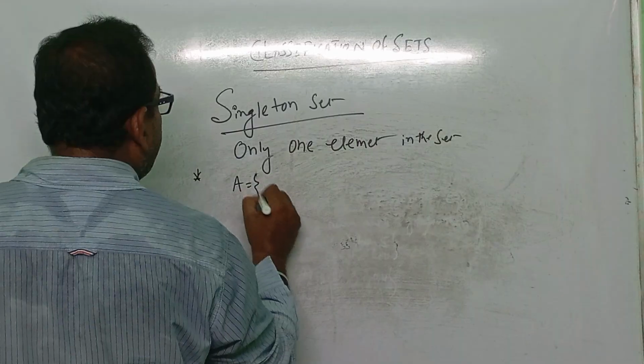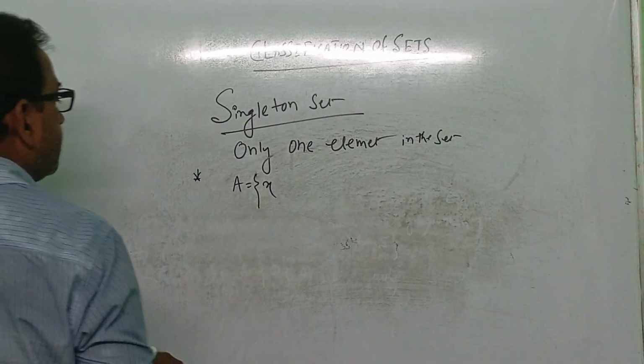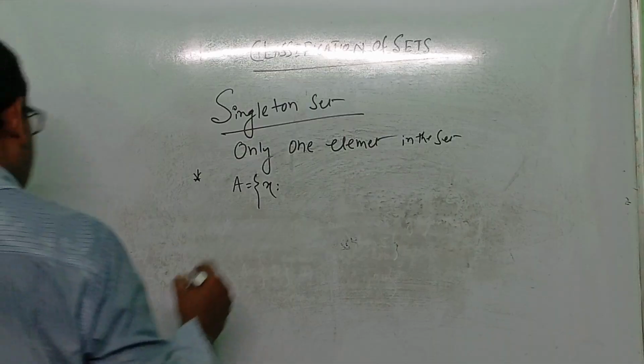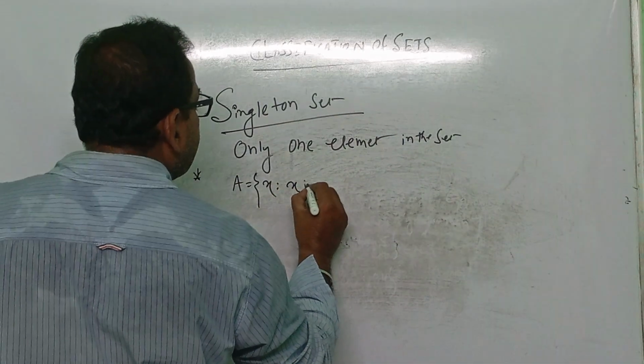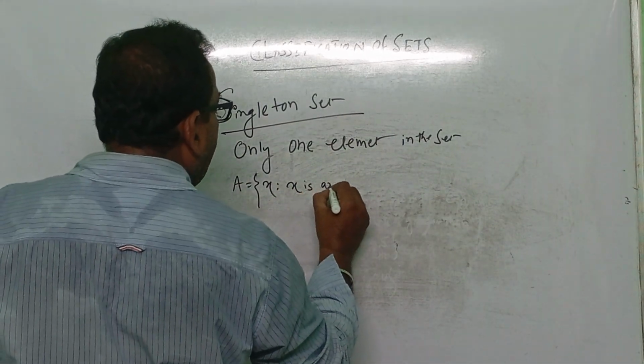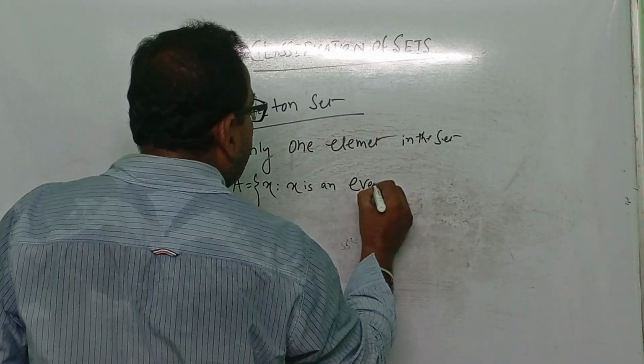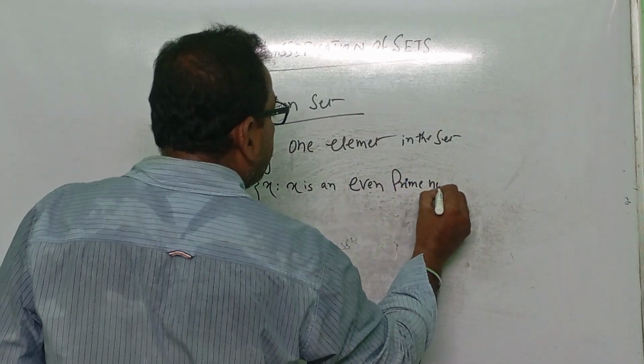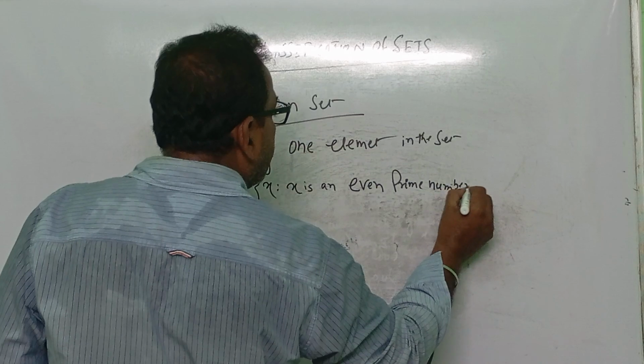A is a set where x, very carefully see that, x is an even prime number.